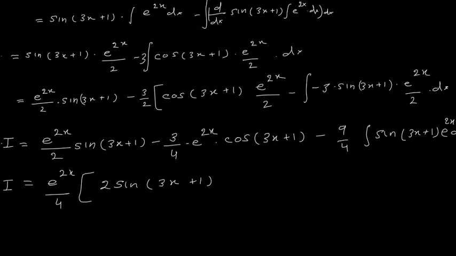So this becomes 2 into sin(3x+1), and minus, here I have 3 times cos(3x+1).